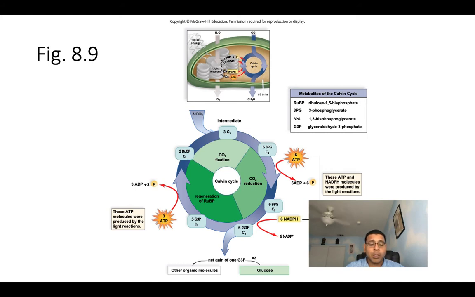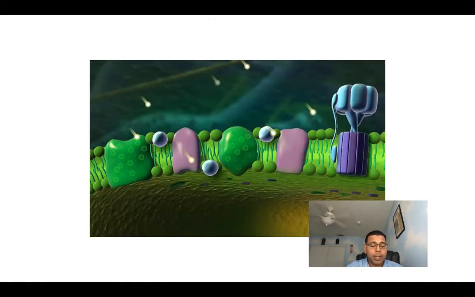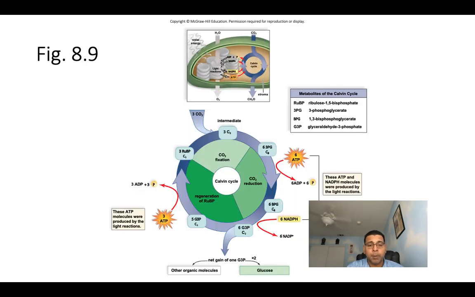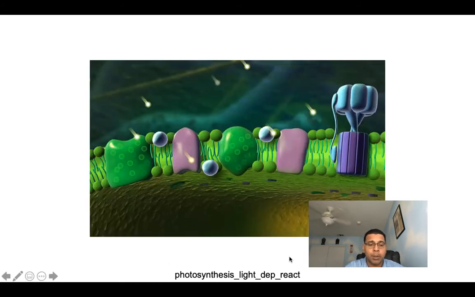These reactions also result in the reduction of carbon dioxide to a carbohydrate because an R group attached to CO2 has now become an R group attached to a CH2O. Energy and electrons are needed for this reduction reaction, and they are supplied by ATP and NADPH. Let's look then at the regeneration of RuBP. But before we do that, we'll check this video out real quick.